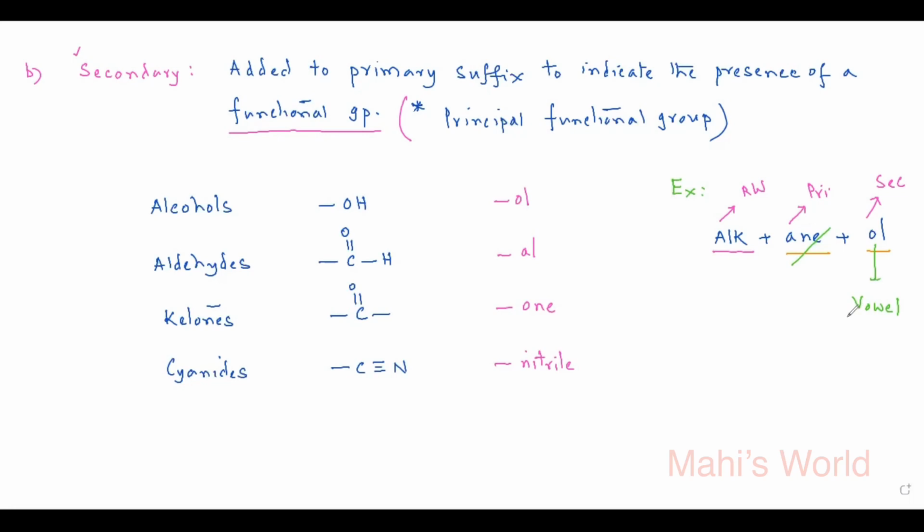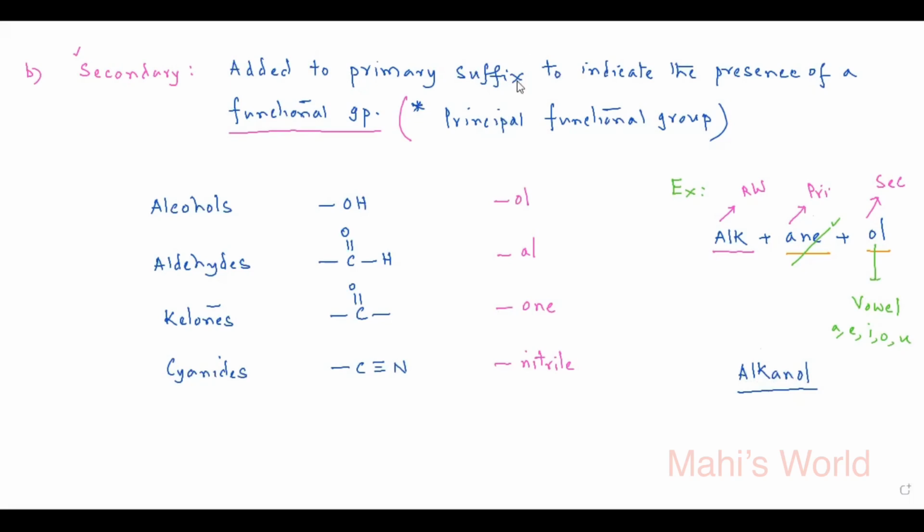If the secondary suffix starts with a vowel like A, E, I, O, U, then in such a case, terminal E of the primary suffix is removed, and now we have to call it alk plus "ane" plus "ol" is nothing but alkanol. It is not alkaneol, it is simply alkanol because E has been removed.